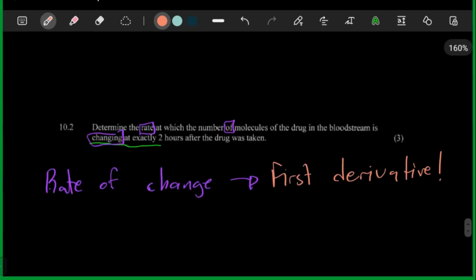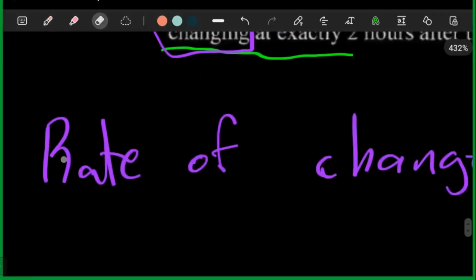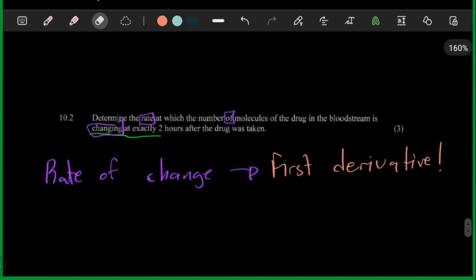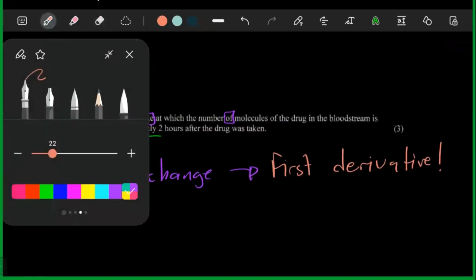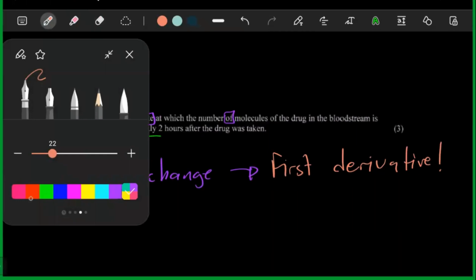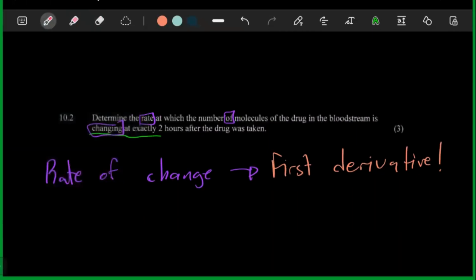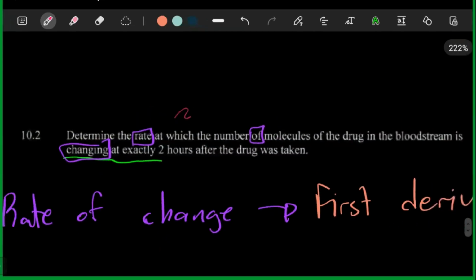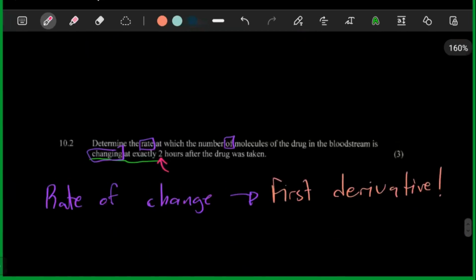Rate of change is linked to the first derivative, because if you're going to get the rate of change of something, you have to use the first derivative. The rate of change equation is things like gradient. So it's the same idea here. If you're going to work out the rate at which the number of molecules is changing exactly 2 hours after the drug was taken, you have to use your first derivative.